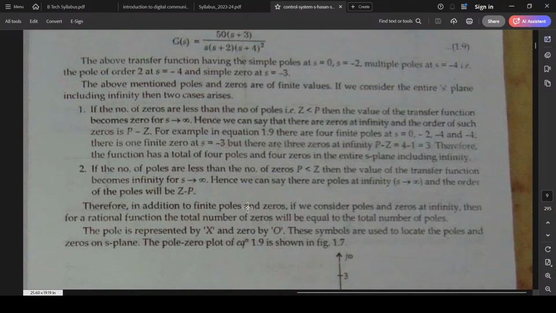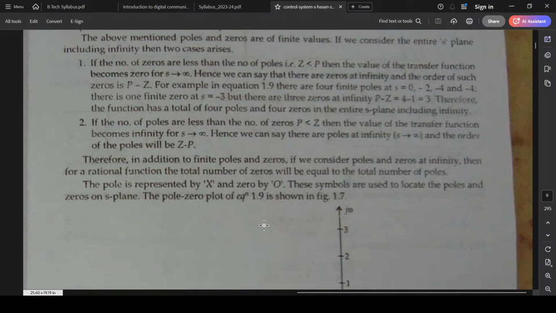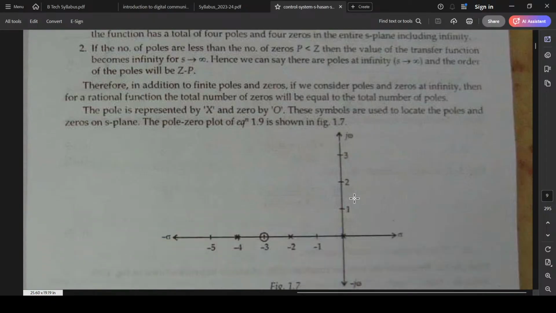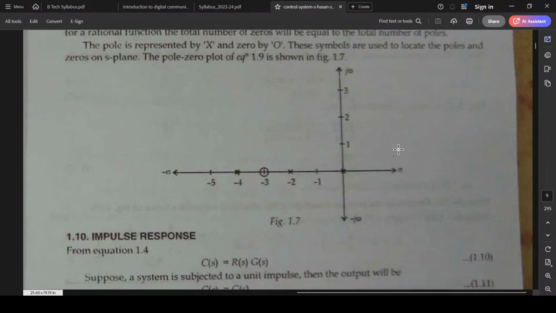Therefore, in addition to finite poles and finite zeros, if we consider poles and zeros at infinity, for a rational function the total number of zeros will always be equal to the number of poles. A pole is represented by x, and a zero by 0. So we can see there's a zero here, two poles here, one pole here, and one pole here.